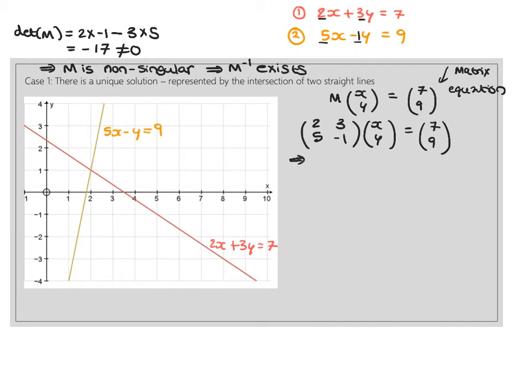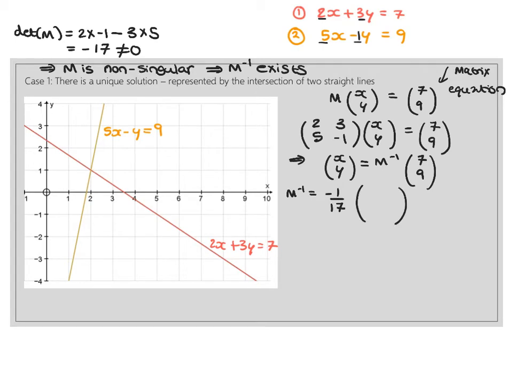Now, because it exists, we can solve this pair of simultaneous equations using the inverse matrix, pre-multiplying both sides, which gives me xy equals m minus 1 applied to 7, 9. Now, the only thing I have to do is then work out what m minus 1 is actually equal to. So I know the determinant, it's negative 17, so I have minus 1 over 17 here.